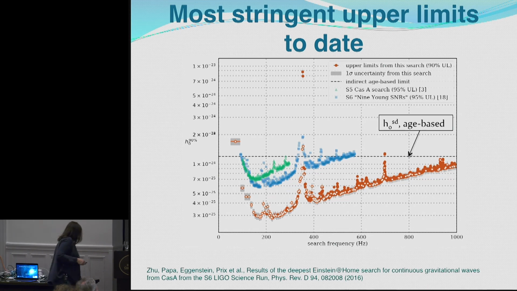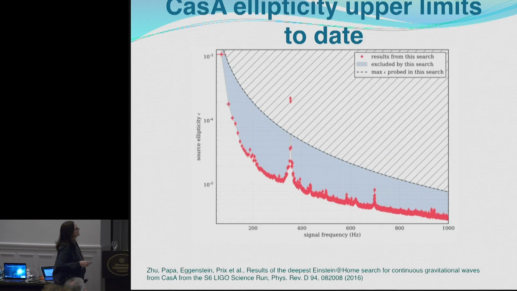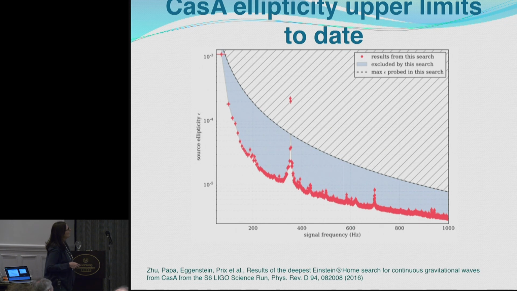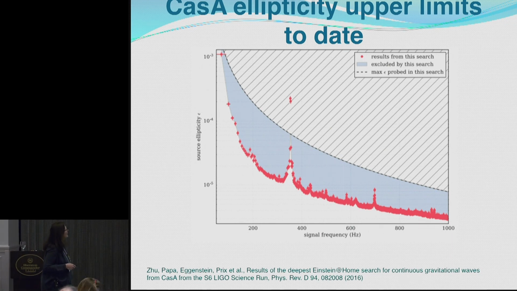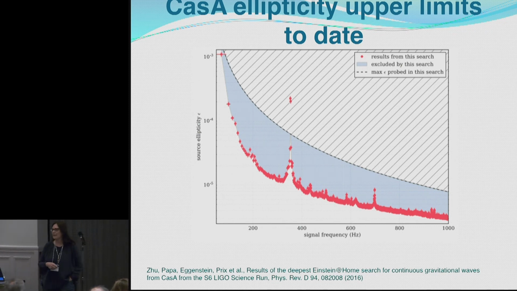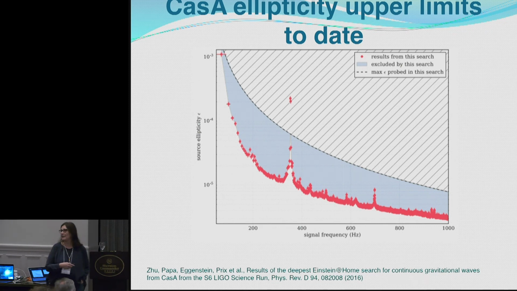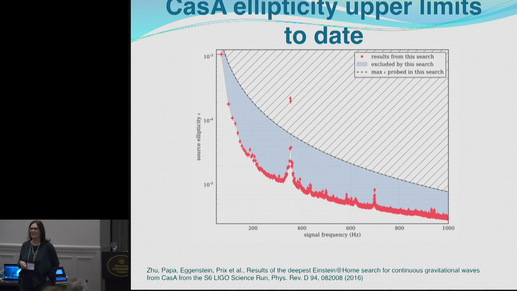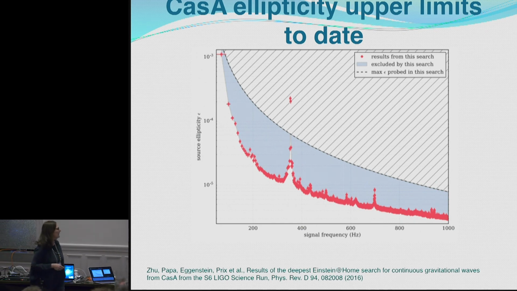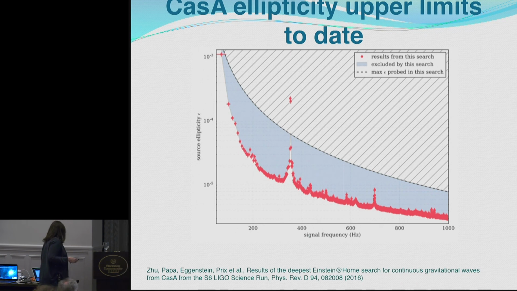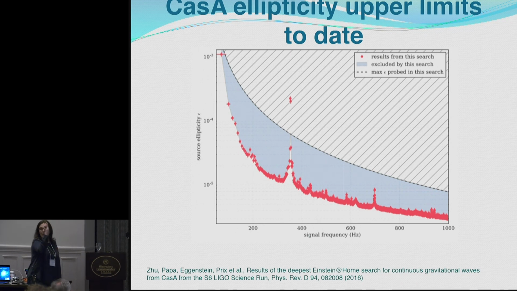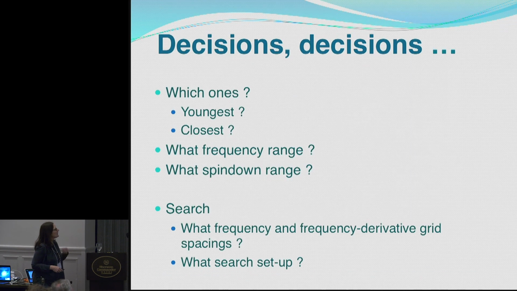And the corresponding ellipticity upper limit is this red curve here that touches at a kilohertz about 2 times 10 to the minus 5. These are higher ellipticity numbers because Cas A is much further than 100 parsecs. Okay, but because we actually had only one sky position to survey, we could do a quite sensitive search.